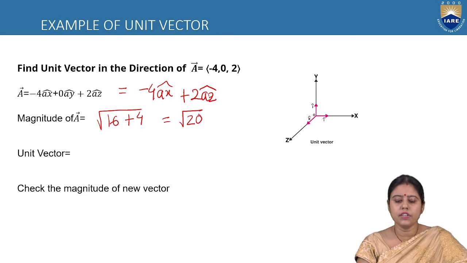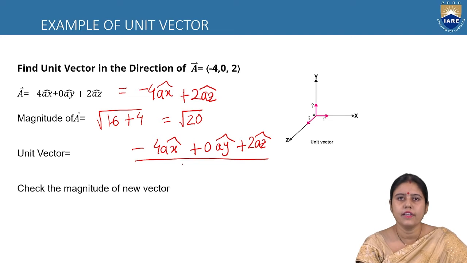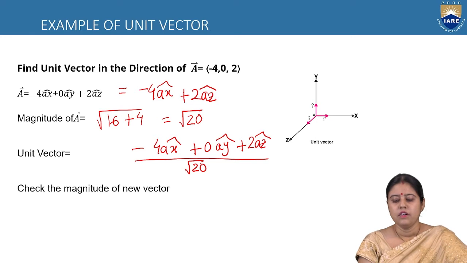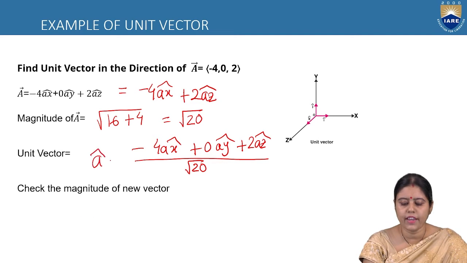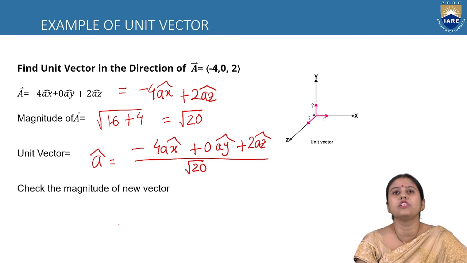Then what is the unit vector? The total vector divided by its magnitude. So if we write it a cap, how to check? Actually for exam purpose no need to check.